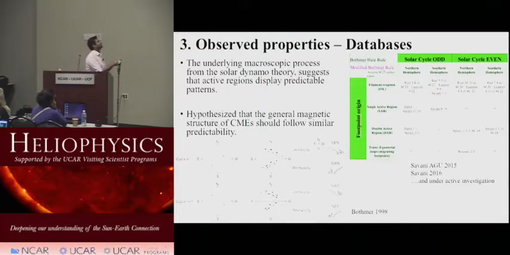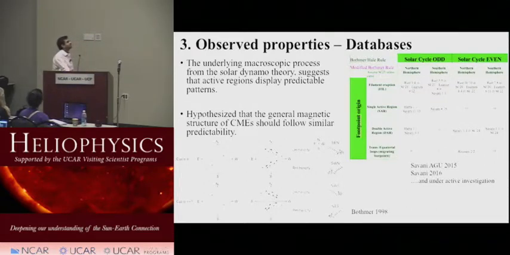If you believe these characteristics, then it should be somewhat predictable to have an idea of how the field line arcades should behave, because field lines should go from the positive to the negative, in one direction. If you know the direction of the active regions, you should have a handle on the magnetic structure of the CME, and then we should be able to predict CMEs.